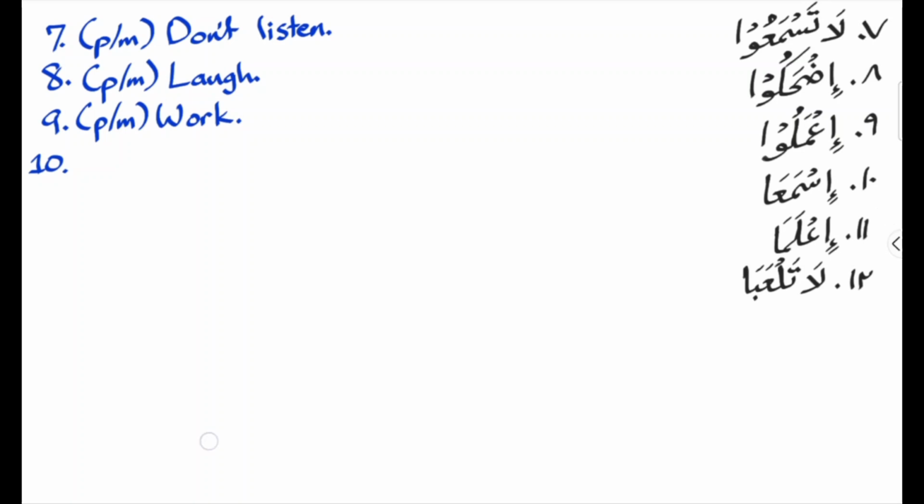Isma'a is on the wazn of if'ala, which is dual masculine. Listen or hear. Number 11, i'lama. Same as before, except it's from alima, which means know. So it's dual masculine. Know.